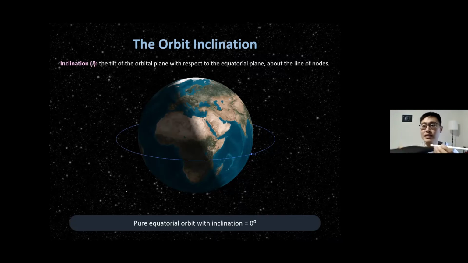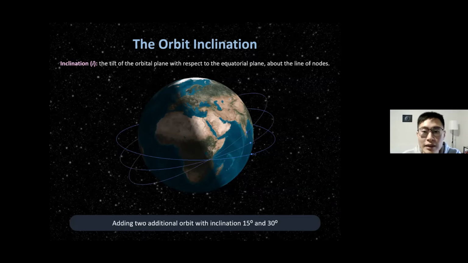So it's just kind of like tilting. If I have an orbit plane here and the line of nodes over here, it's tilting about this axis, which lies on the equatorial plane. So let's add 2 orbits with inclinations of 15 degrees and 30 degrees, just to show you what I mean by that.